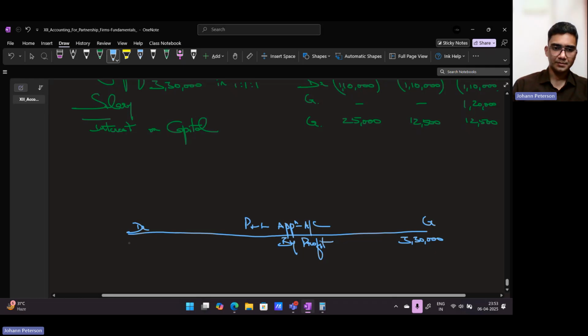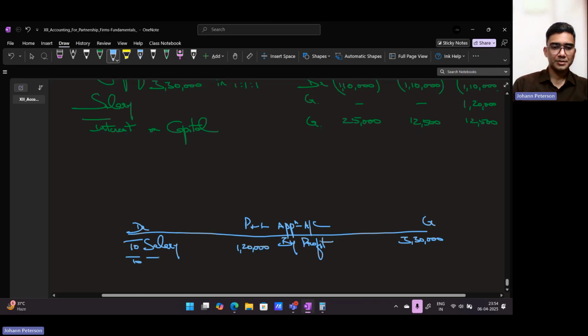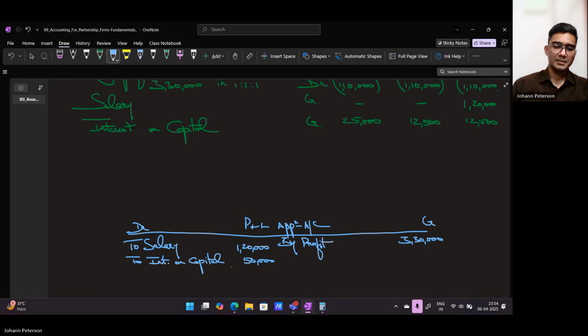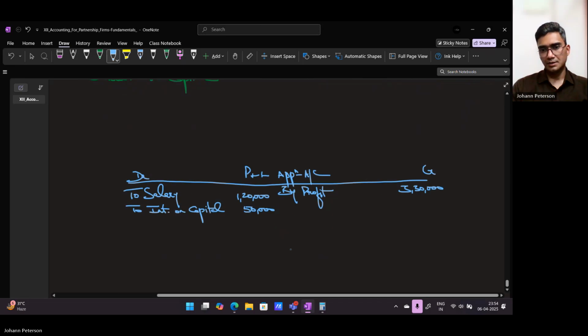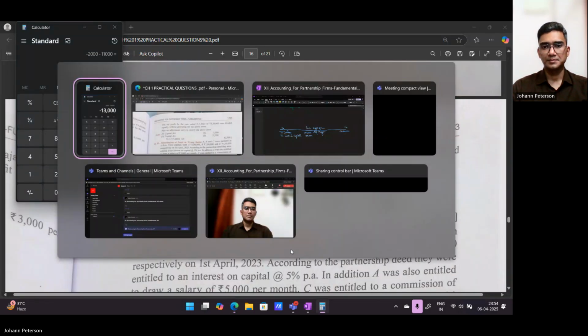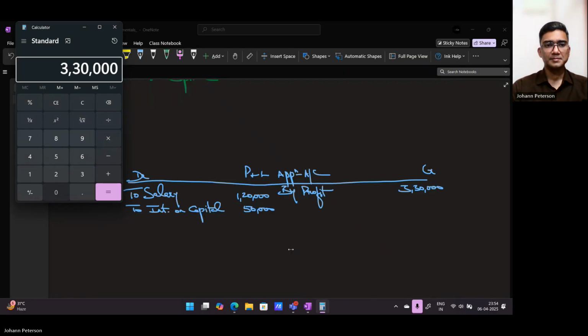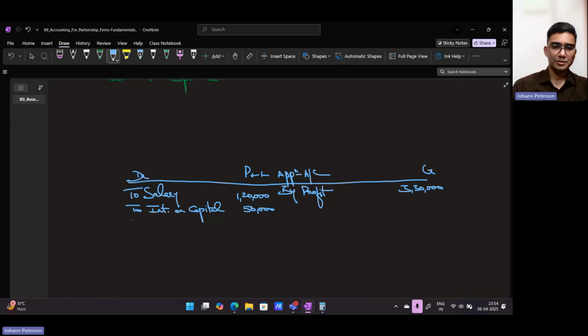So here I'm writing salary. Interest on capital, amount is 50,000. I'm left with 330 minus 170, which is 160.